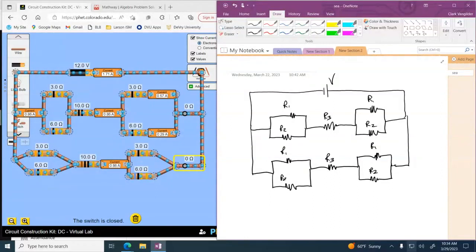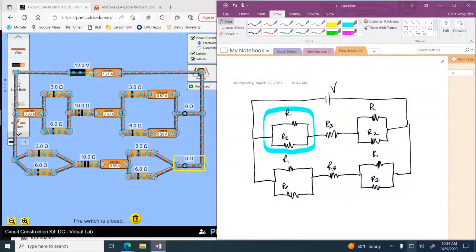And so if you take a look at this parallel branch, or this parallel network, this sub-network, if you will. There's four of them. There are three more of them, and this could be reduced to a single resistor, okay? And so 1 over what I'll call R12, which would be the equivalent resistance.